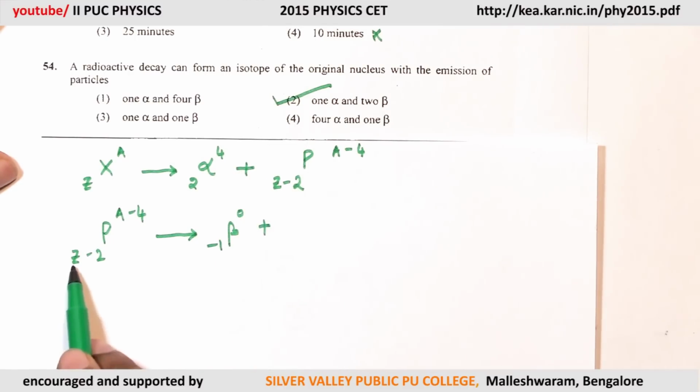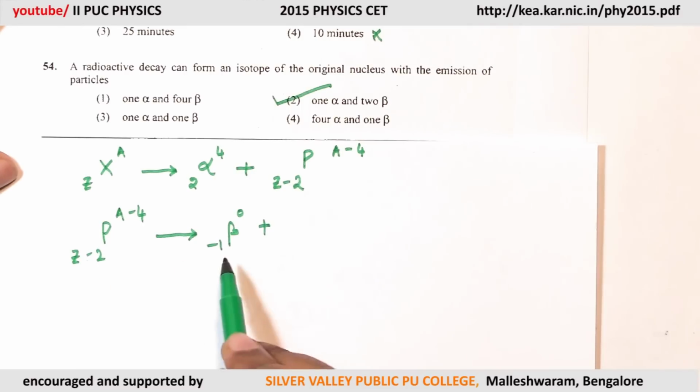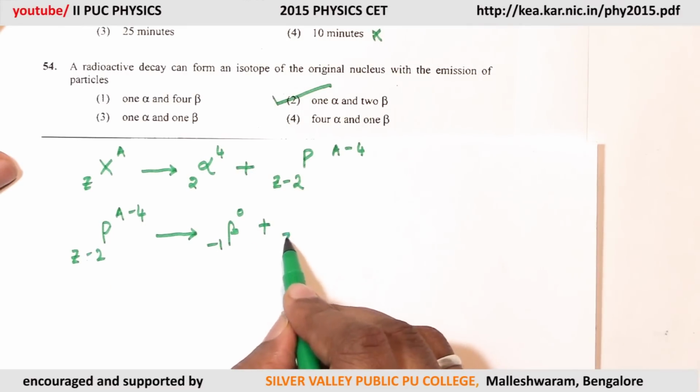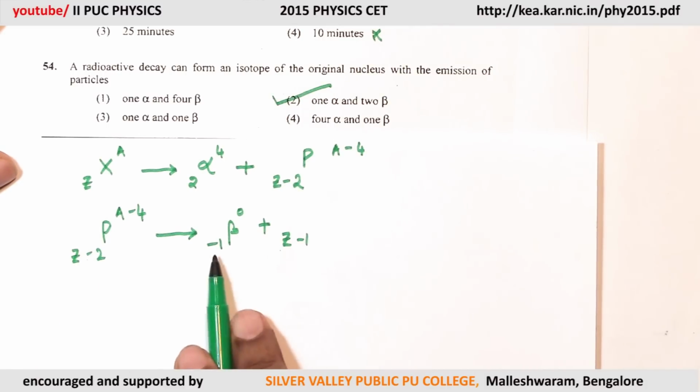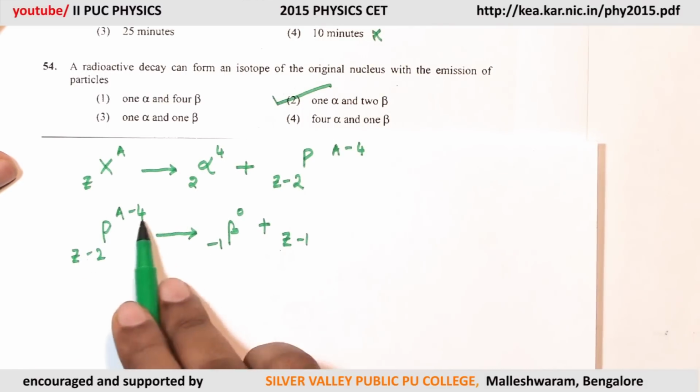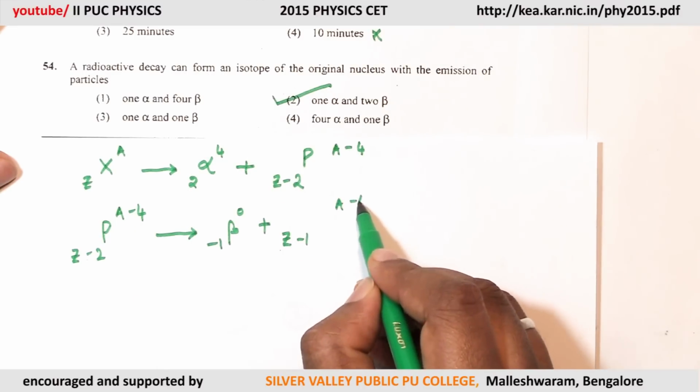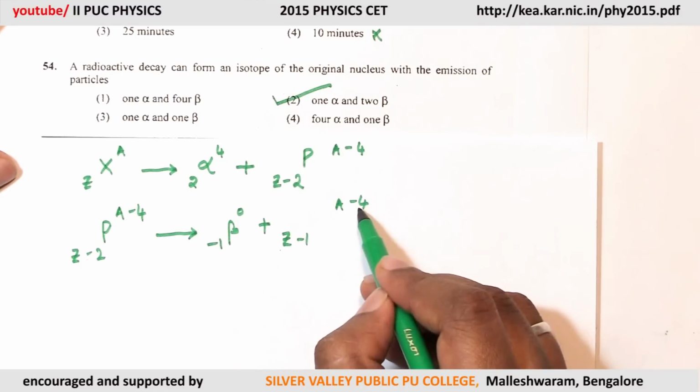We should get Z minus 1, so this should be Z minus 1. Atomic mass number remains same, A minus 4.